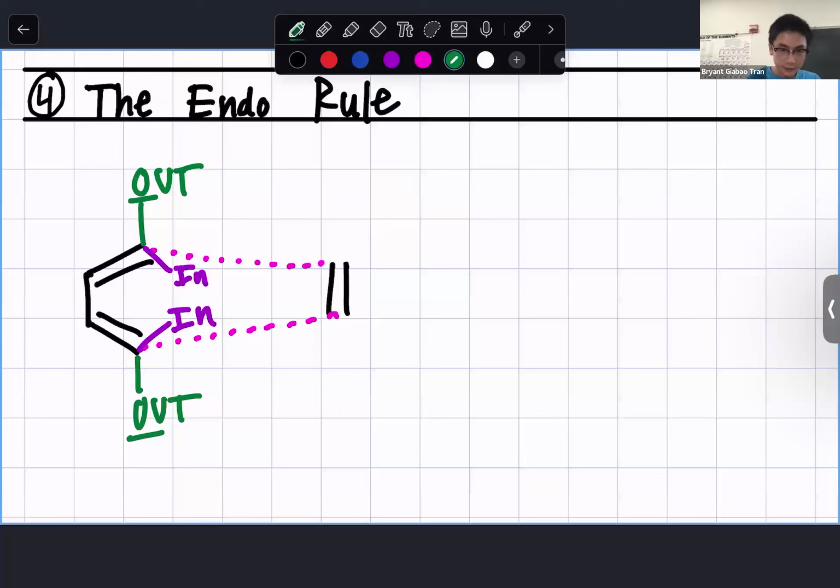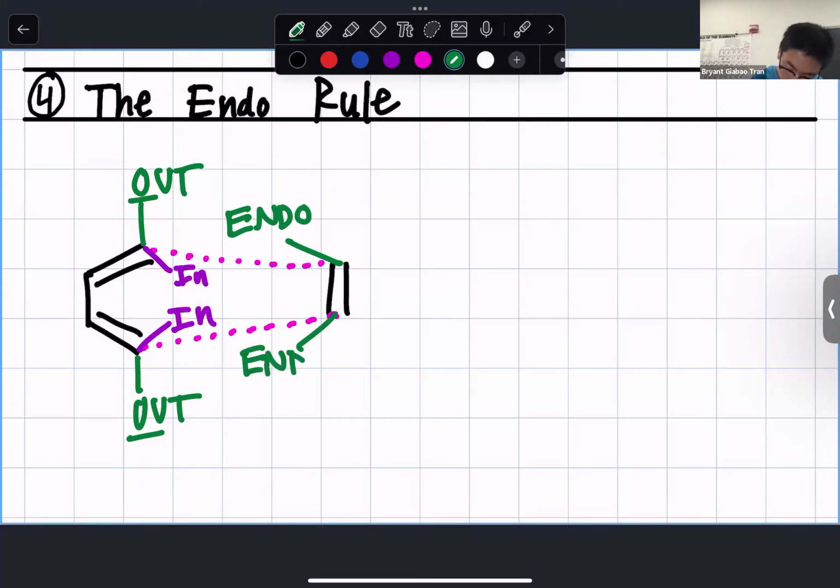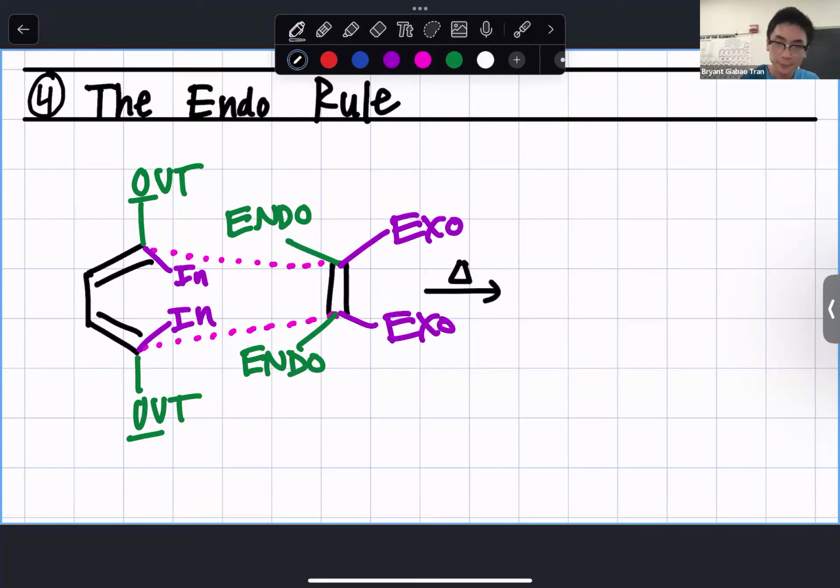Right? On the dienophile, the endo product is going to face towards the diene. So the groups here are going to be endo. The groups out are going to be exo. When we put that under heat and make the reaction go through, we always get this cyclohexene product, right?